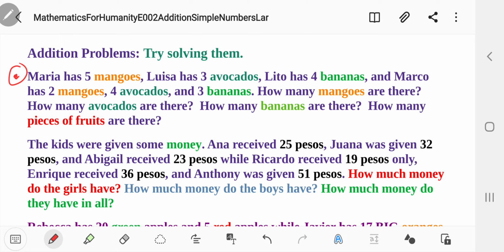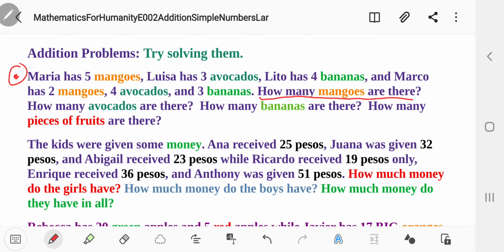Maria has 5 mangoes. Luisa has 3 avocados. Lito has 4 bananas, and Marco has 2 mangoes, 4 avocados, and 3 bananas. How many mangoes are there? The question is specific to mangoes.